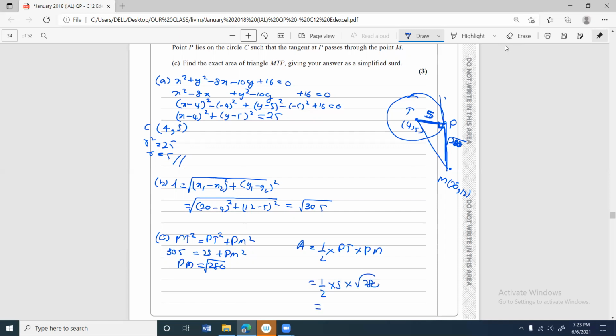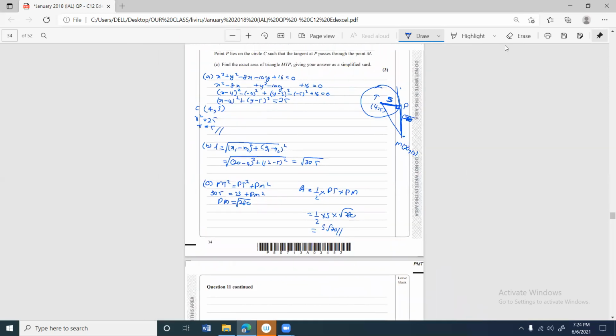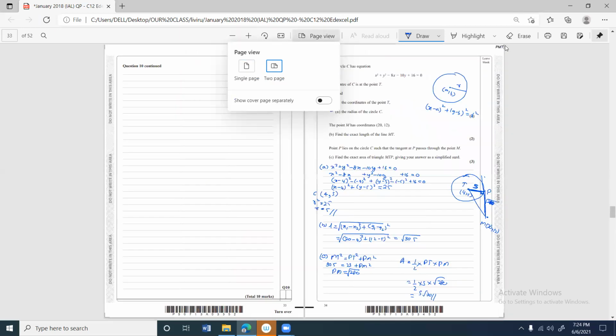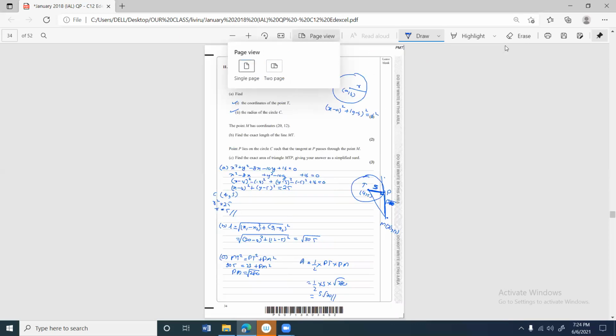The square root of 280 is 2 root 70. So 5 root 70 would be the final answer for this. If you simplify this, that's the way of getting this answer. So you have to do a little bit of geometry to get this answer. Yeah, this is the answer for that.